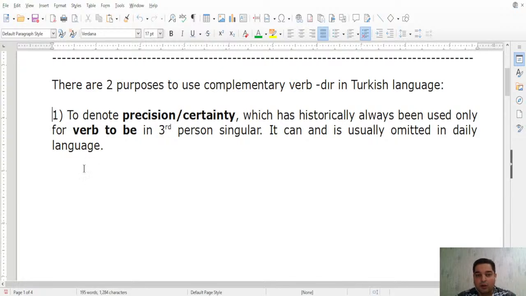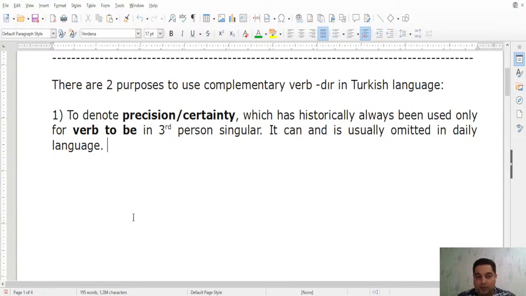And it can be omitted. That is the most important thing. In today's modern Turkish we don't usually use it, even in spoken or written language.